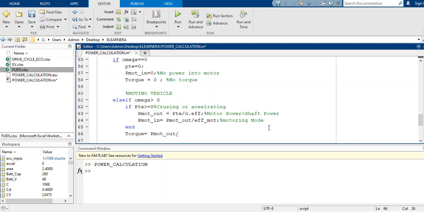Torque is power divided by 2 pi N, that is omega. So power is equal to 2 pi N T by 60. When we shift the torque to the left side and power to the right side, we get this as the output.